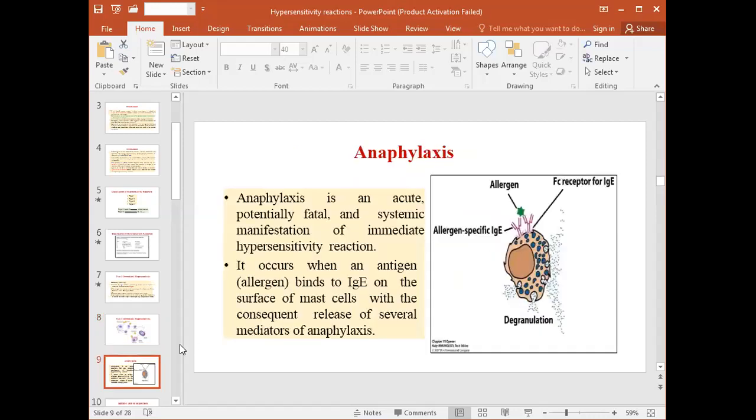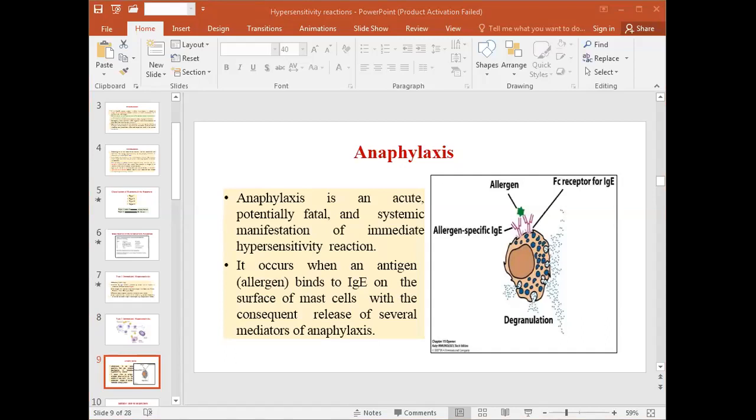Now, what are anaphylaxis reactions? Most type 1 reactions occur locally as a result of IgE production to inhaled or ingested antigens, as is seen with pollens or food allergies. Anaphylaxis is a dramatic example of a type 1 hypersensitivity reaction that results from the systemic administration of an antigen.